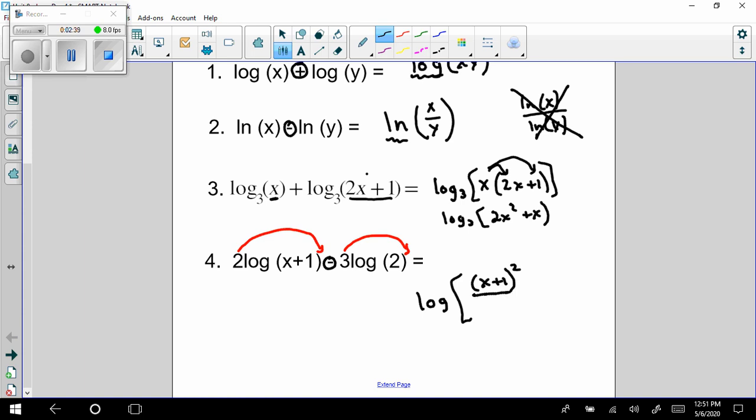And on the bottom, I would have 2 to the third, which I could simplify to 8. Okay, so that argument's a little bit complicated, but honestly, when I set it equal to something, it's not going to be that terrible to solve if you know your properties.